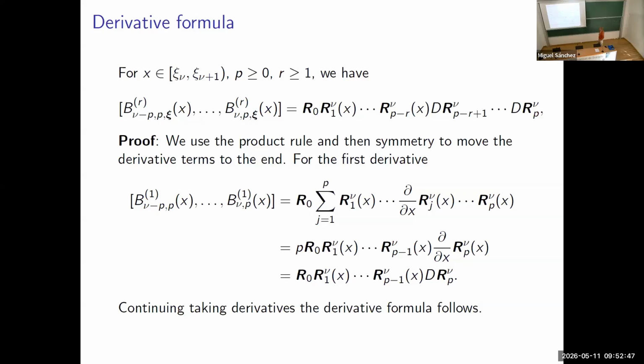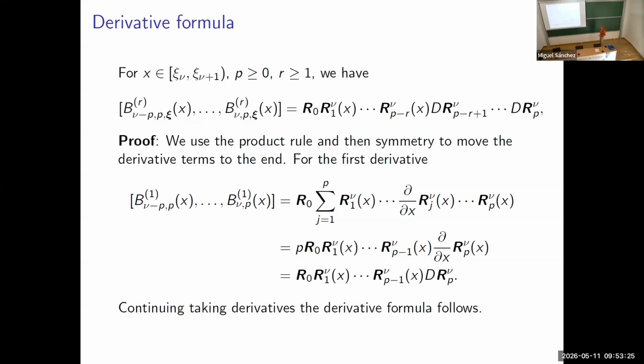So let me just indicate to you how you show this. Let's look at the first derivative. Suppose you want to find the first derivative of those p plus 1 B-splines. Then you use the product rule. You take the one with r equal to 0, so you have R1 to Rp, and you differentiate the jth term, right?